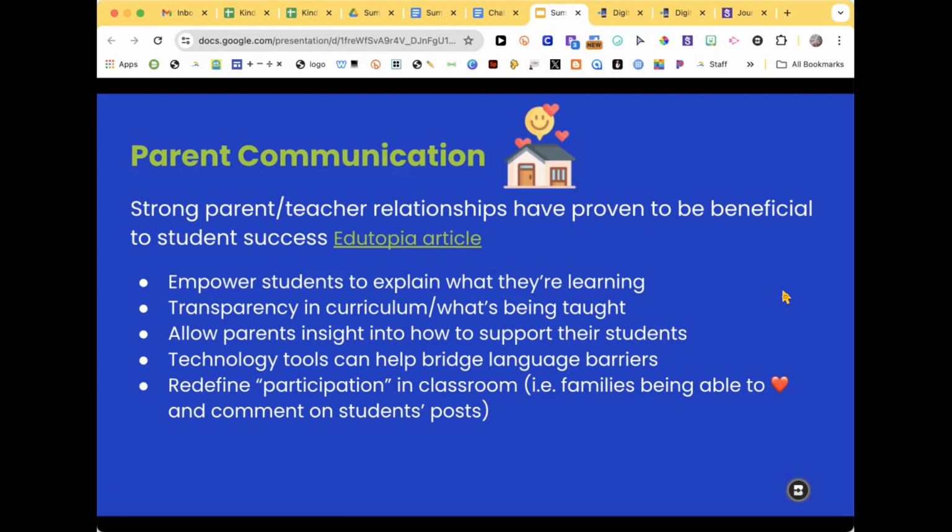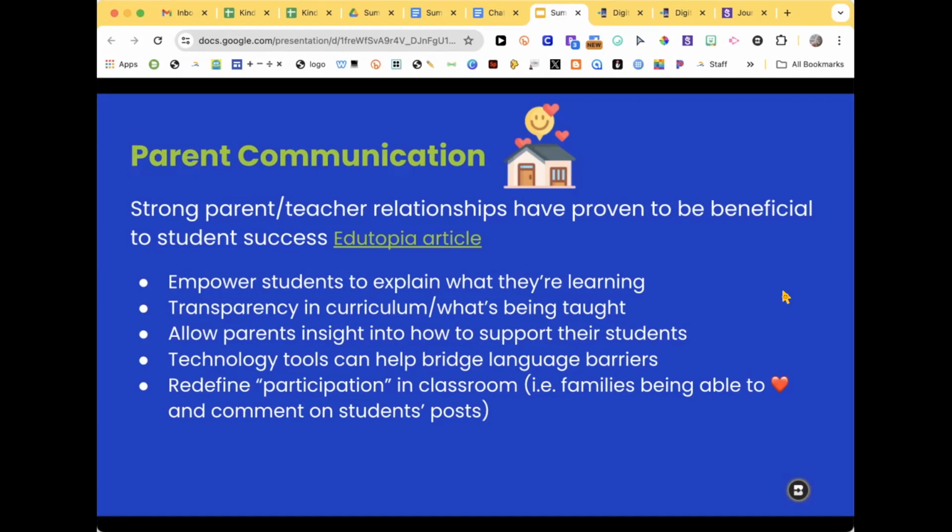When my daughter was younger, she's going to be in 8th grade now, but in elementary school, her teachers used Seesaw quite a bit and used it in pretty authentic ways, where she's taking videos, she's telling me what she's doing, sharing those pieces. So I'm hearing from her what she's learning, what she's doing.